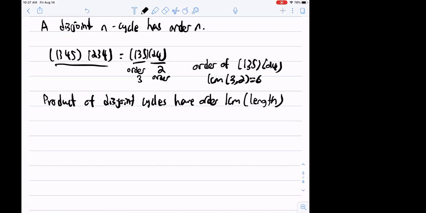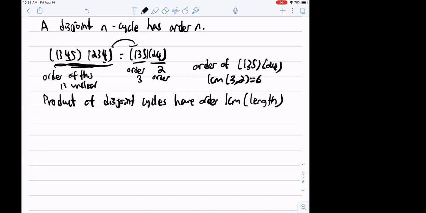Remember, disjoint cycles commute. It's sort of abelian for disjoint cycles. But here, do not think the order of this is clear, because it's not disjoint. There's a 4 here and a 4 here. So if you want to determine the order, you make it disjoint first, and then you compute the LCM.